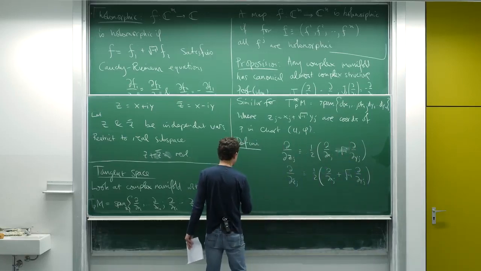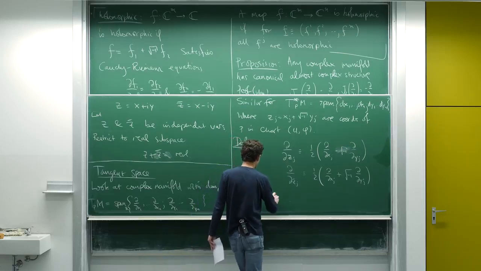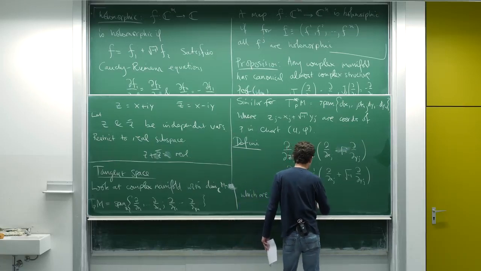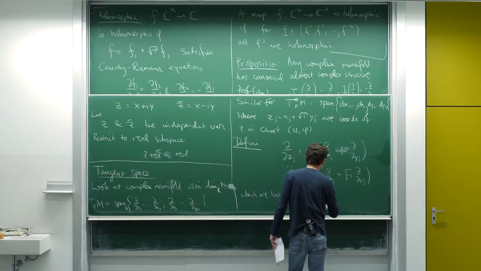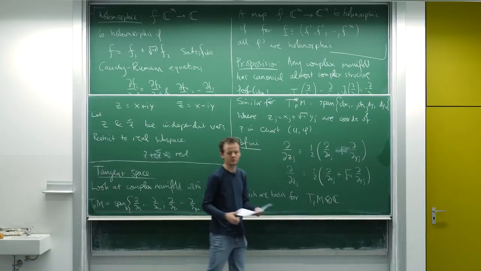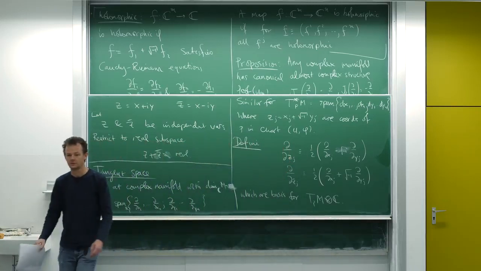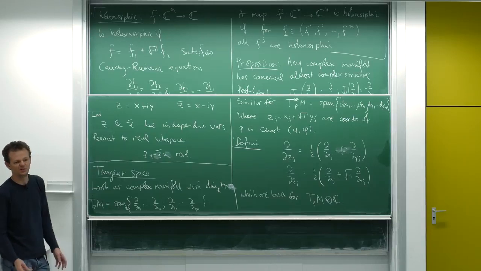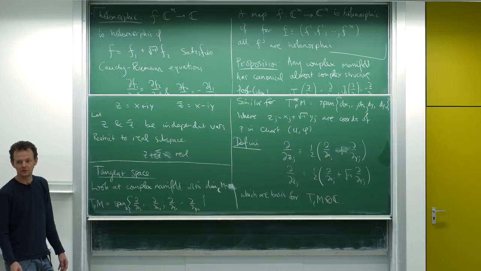They live not in the tangent space, which is a real vector space, but in its complexification. So you take a vector space and you just formally turn the coefficients into complex numbers. That's all we're doing here.